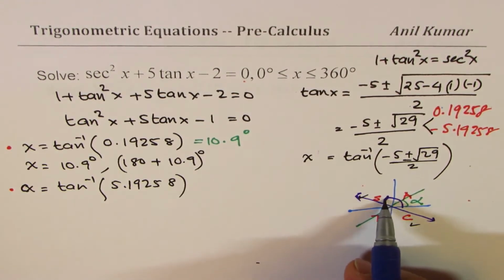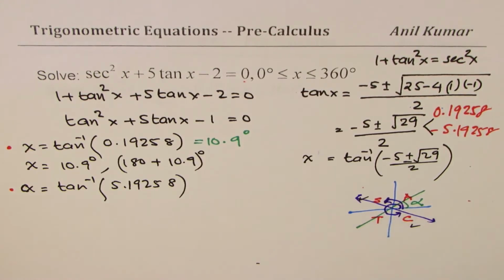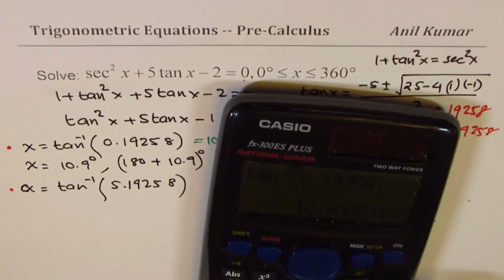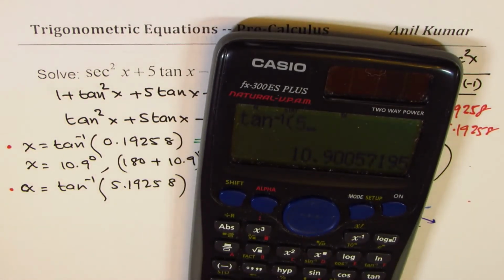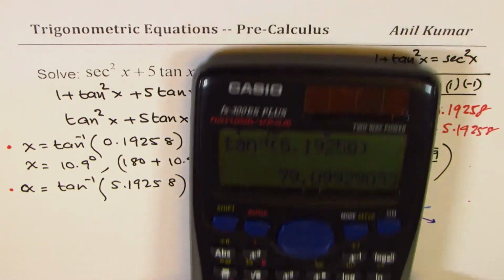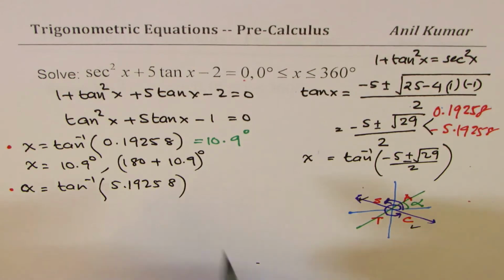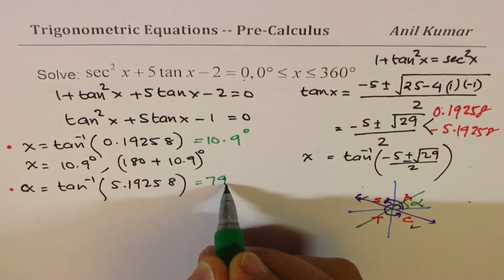So this is one principal value, that is the other one. Okay, so we'll do again tan inverse of 5.19258, which is equal to 79.09. So it is, let's say, 79.1.